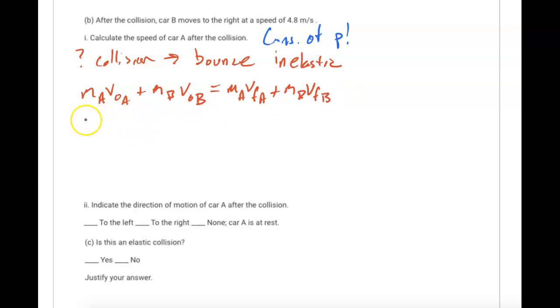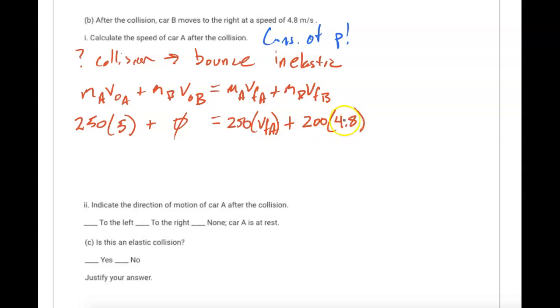We know that the mass of cart A was 250. We know the velocity of cart A was 5. Velocity of cart B at the beginning was 0, so this whole thing is 0. That's equal to 250, and we're looking for the velocity of cart A, plus, and we know the mass of cart B is 200 times the final velocity of B, which was 4.8 positive meters per second, because we say to the right is positive.